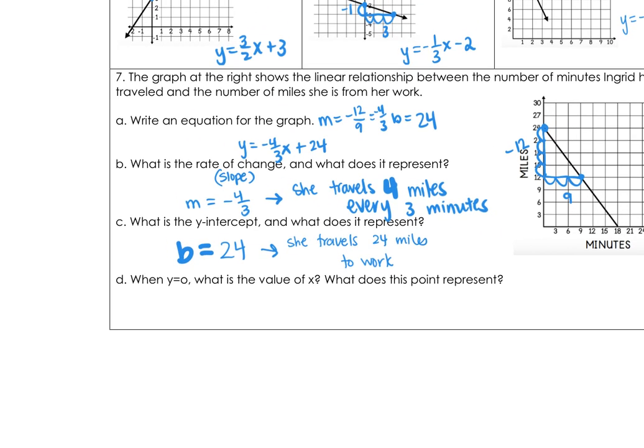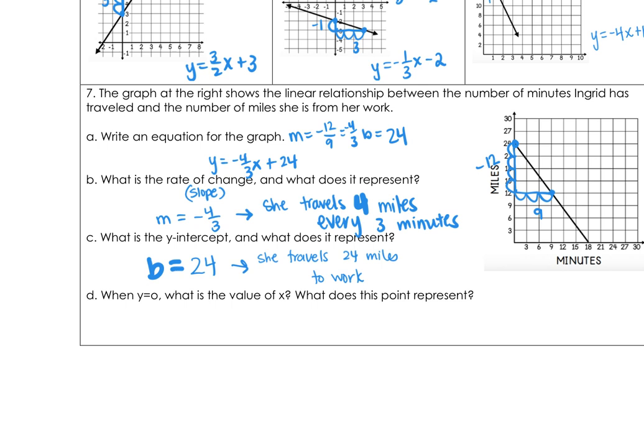So then this last one, letter D, says when y is equal to 0, what's the value of x? And then what does that point represent? So there is a point on our graph that has a y value of 0. Here's 0 on the y-axis. Where's the point that has a y value of 0?